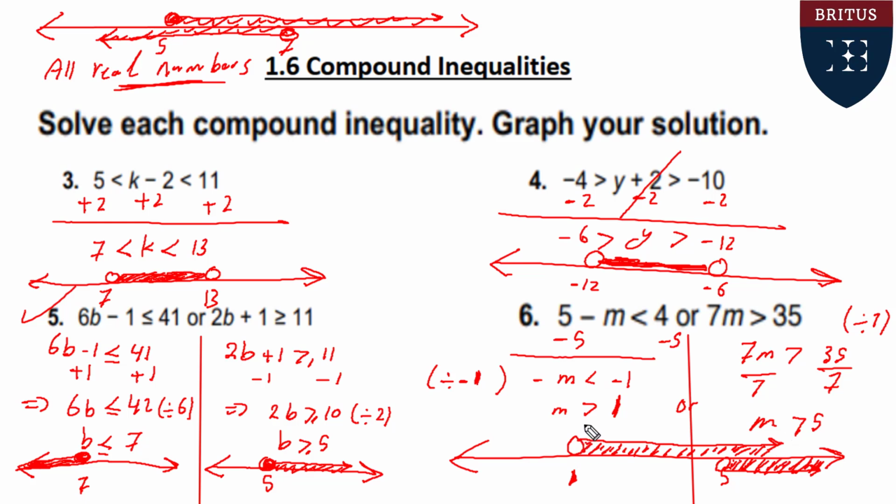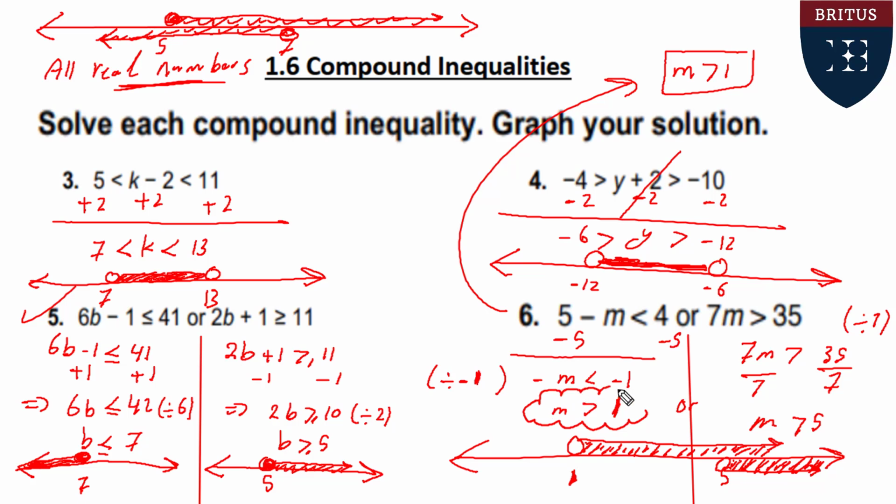Now you can say the solution is m is greater than 1, and also you can say the solution is m is greater than 1 or m is greater than 5. But if you need to state the solution as one final inequality, it will be m is greater than 1.